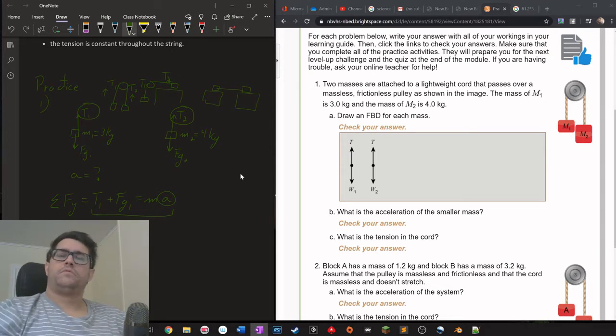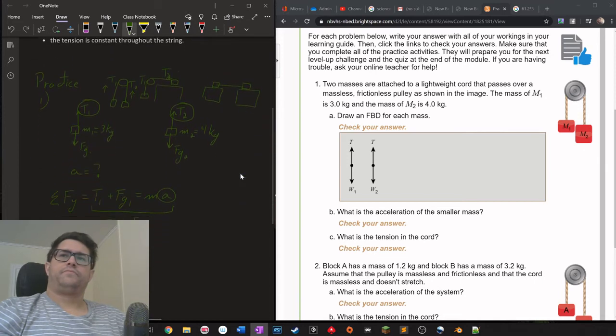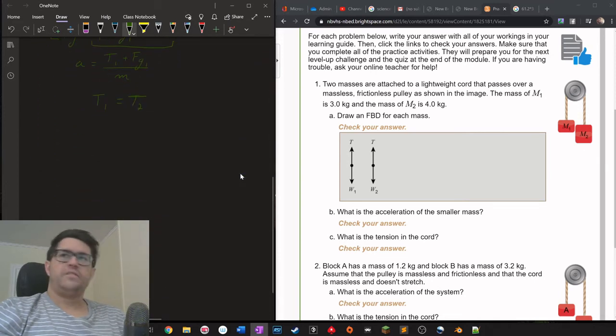Again, we'll look into that in detail. But if that's the case, then it allows us to do different things here. We can find what T2 would be here.